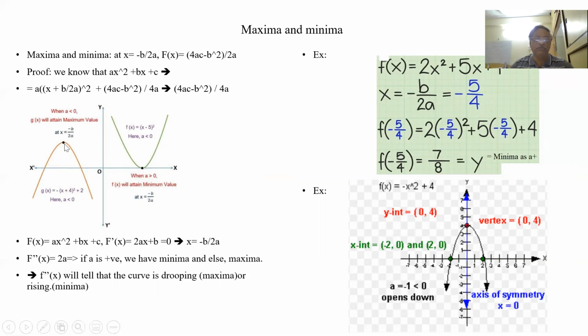This value comes when x is equal to minus b by 2a. In fact, what is x here? x1 plus x2 by 2 is x, exactly the center of these two x coordinates. If you see here, minus 2 plus 2, automatically x is minus b by 2a, which is 0.